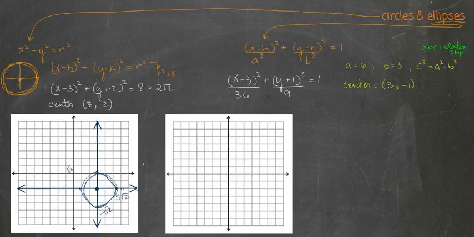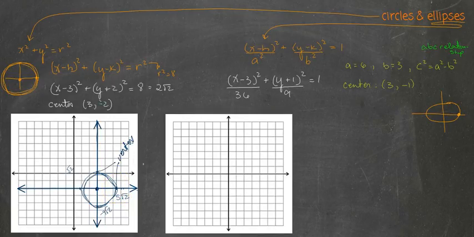Now, we've got to do some definition. If I'm looking at an ellipse, and this is just a general ellipse, not the one I'm graphing at this point, but some ellipse like this, I have, just like with the circle, vertices, right? That's a vertex.